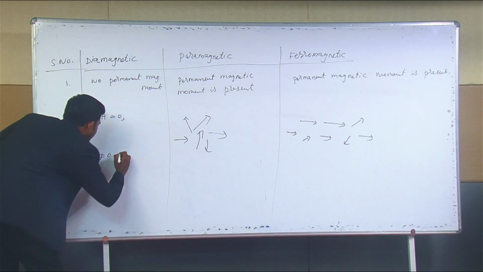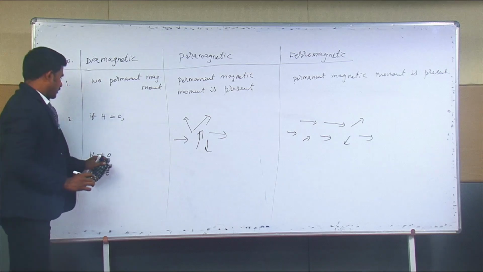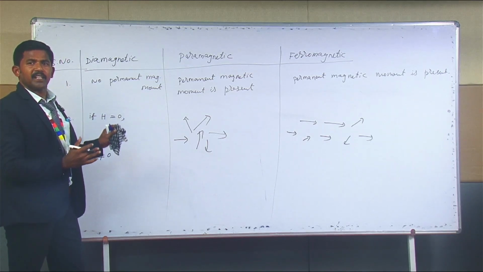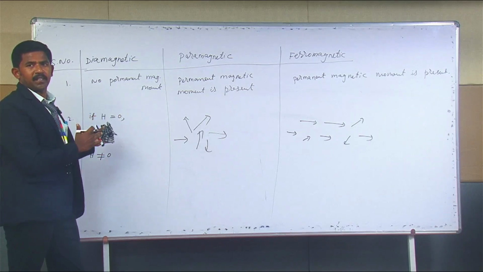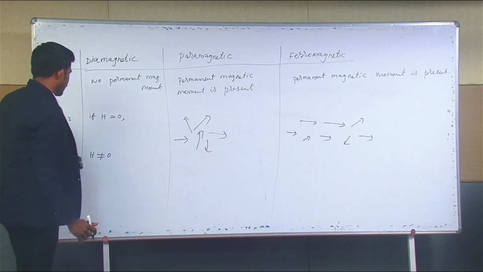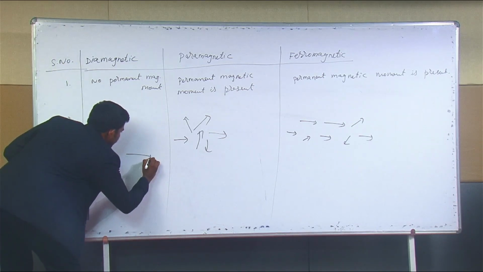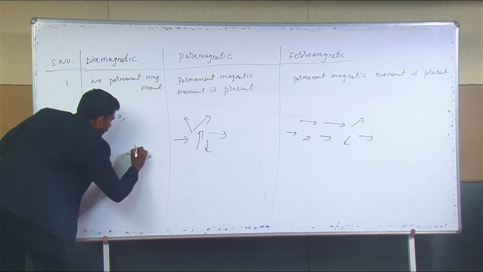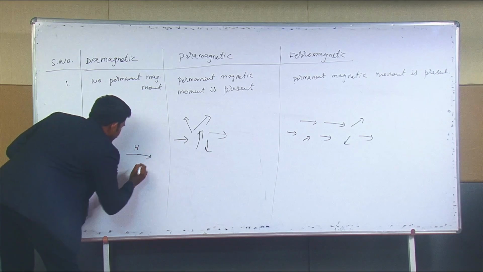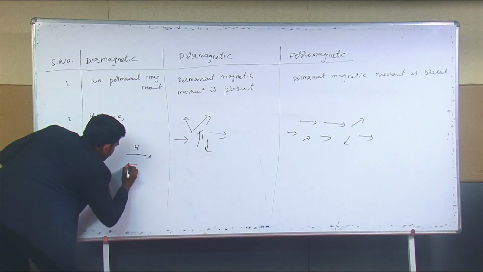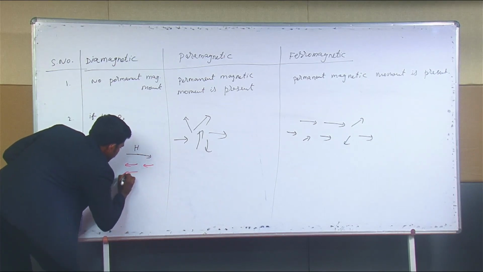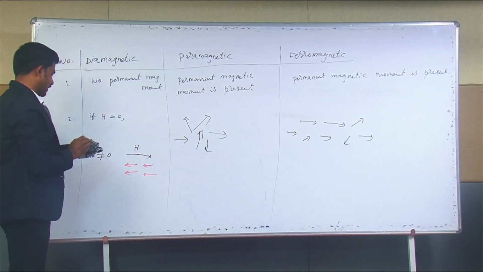When the external magnetic field is introduced, it is magnetizing, and due to this magnetization, it repels the external magnetic field. Consider this is the field direction for the applied magnetic field. Something like this.